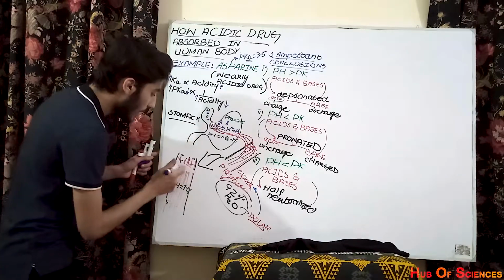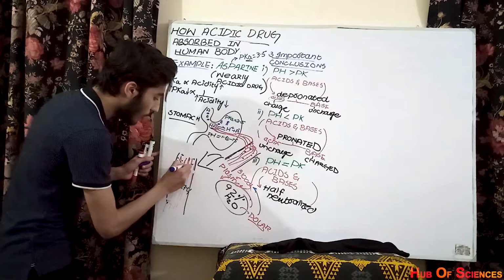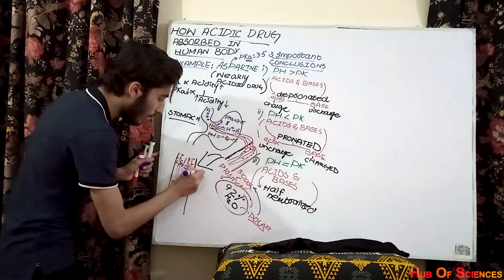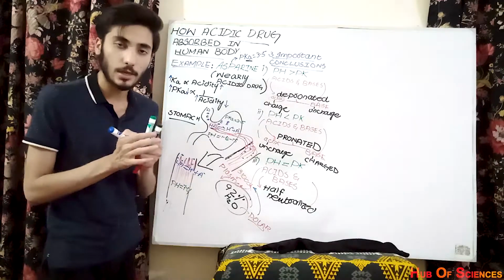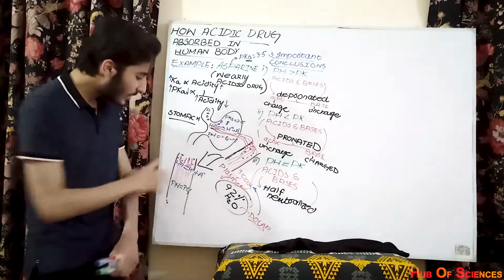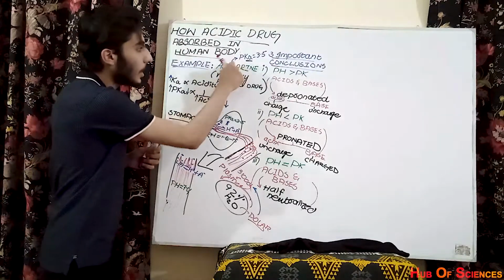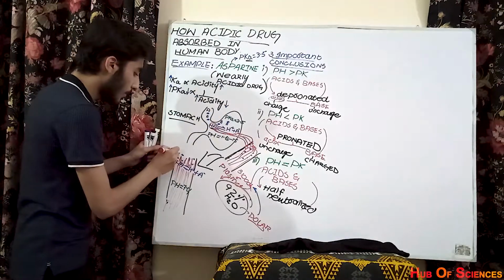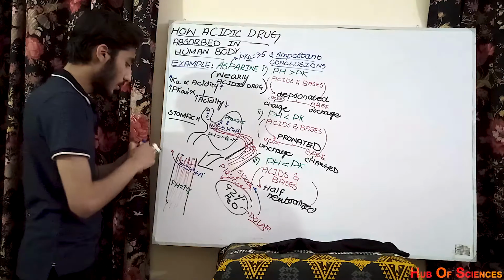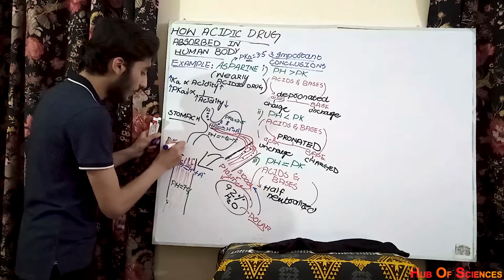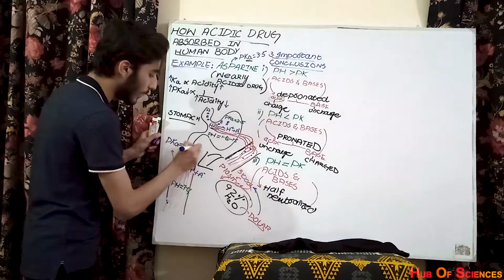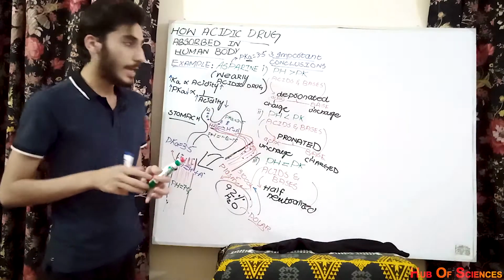So this HA will ionize to form hydrogen ion plus its conjugate base A negative. We already discussed that the pKa of aspirin is approximately 3.5, which shows that it is weakly acidic.